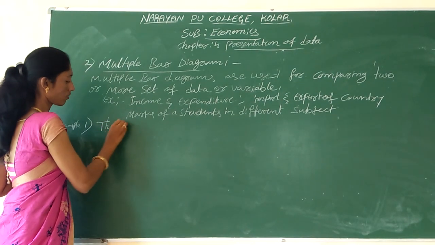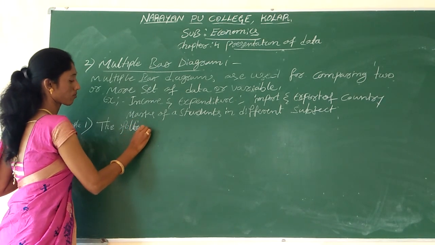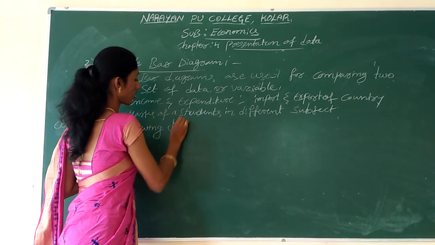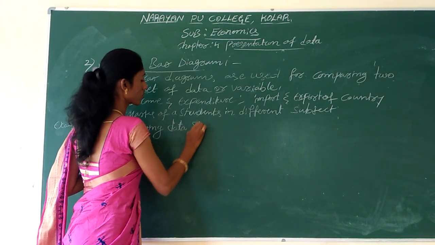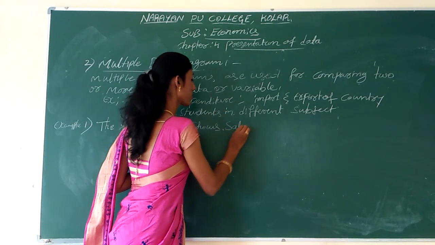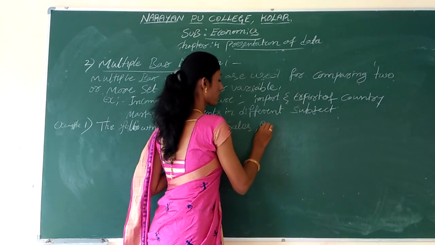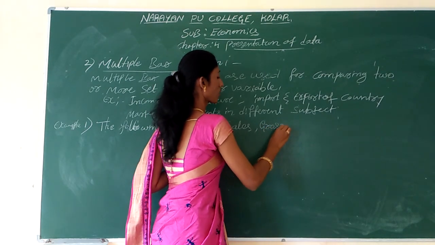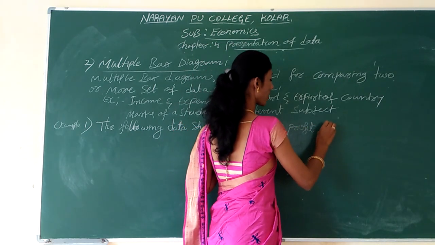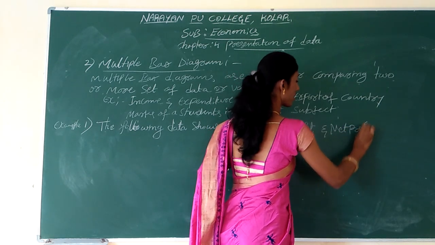The following data shows sales, gross profit and net profit.